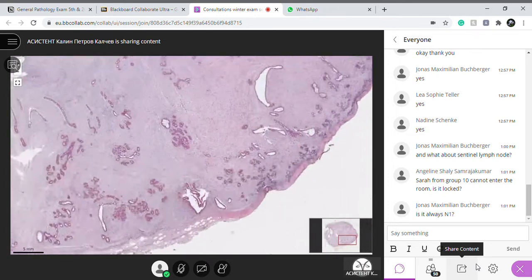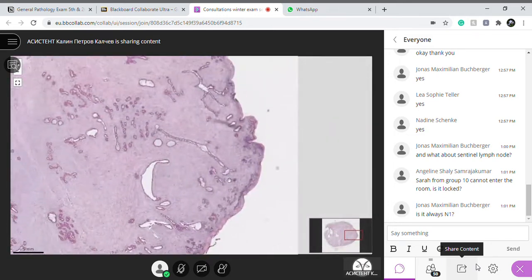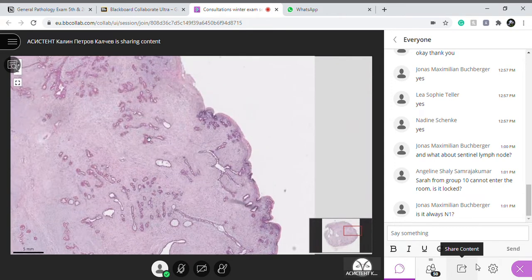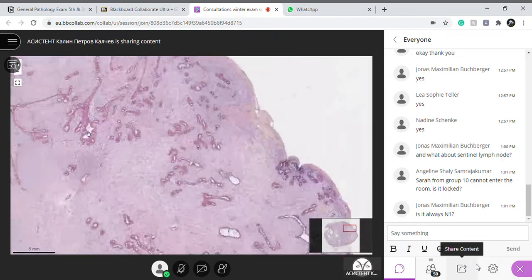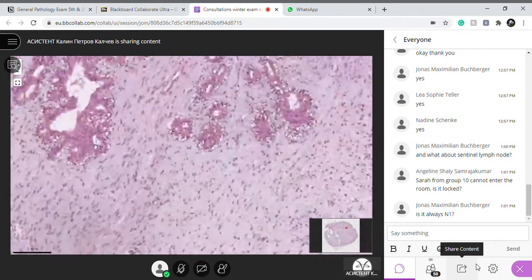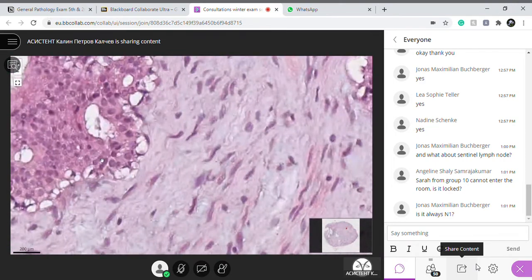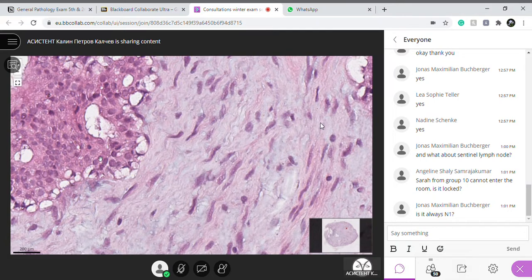It is an encapsulated tumor. And you can see that this tumor is composed of these glands, which are spread throughout this fibrovascular stroma. And these glands, well, they look atypical. So there is some structural atypia here.